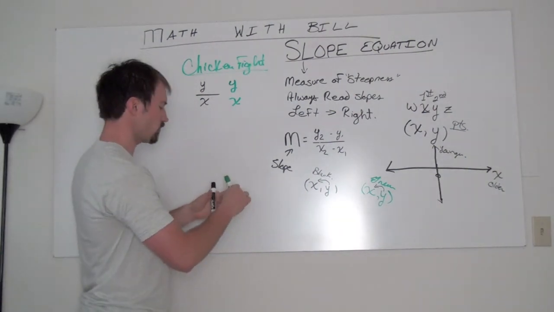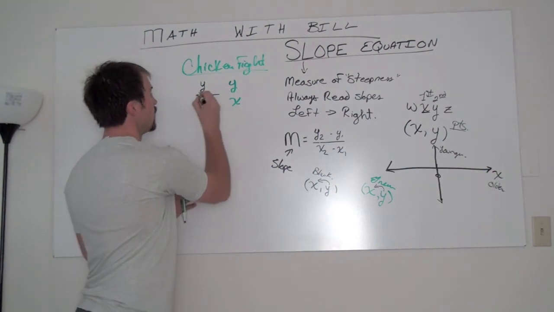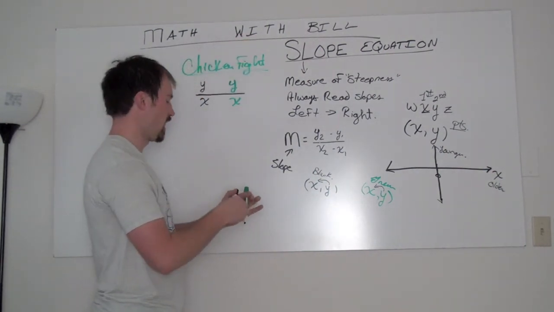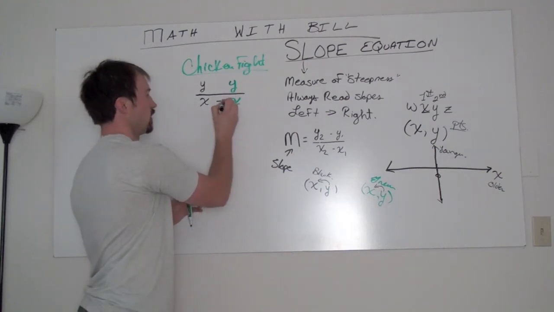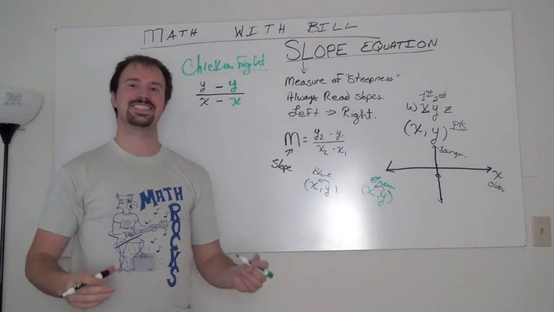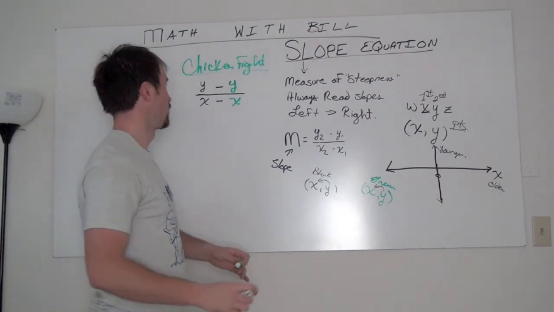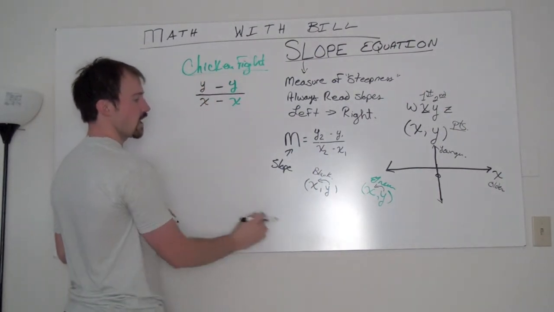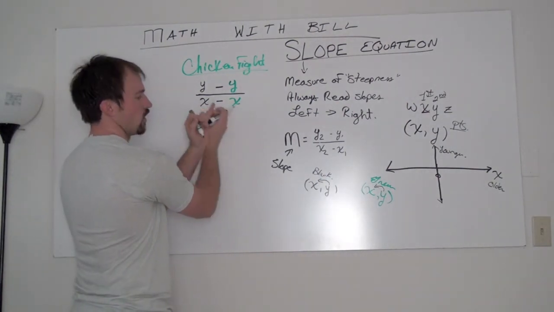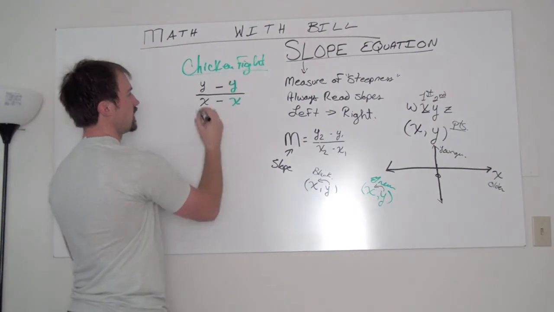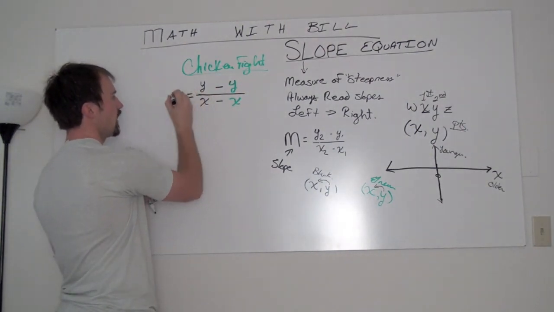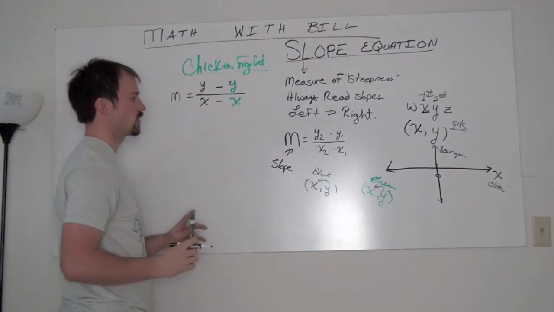The Y's go on top of the X's, and then they have the battle, and the battle will be represented by a subtraction. You can think of this as stack and subtract. We stack these up, younger sibling on top of older sibling, for both cases, and then we subtract, representing the chicken fight, and that is equal to our slope equation.